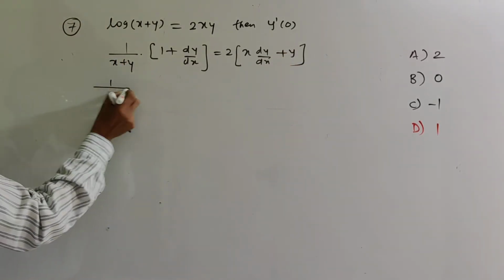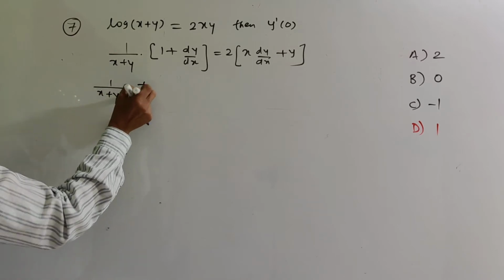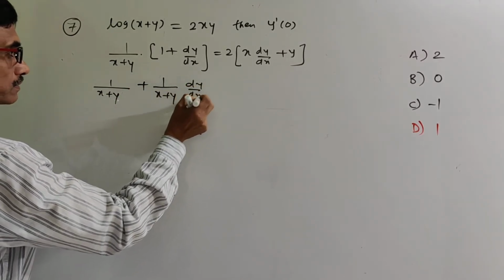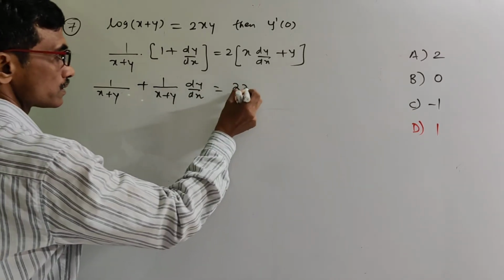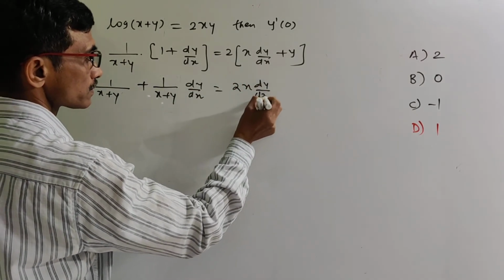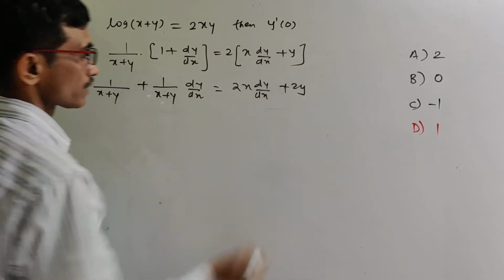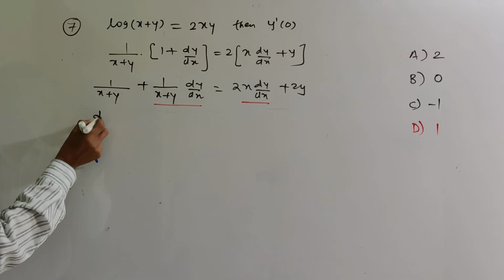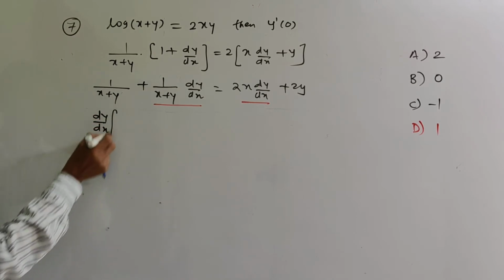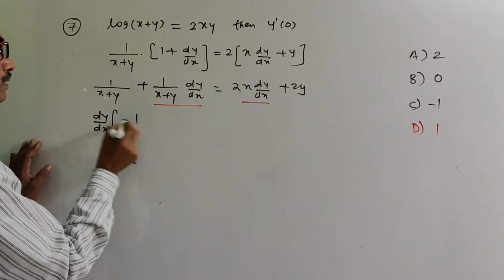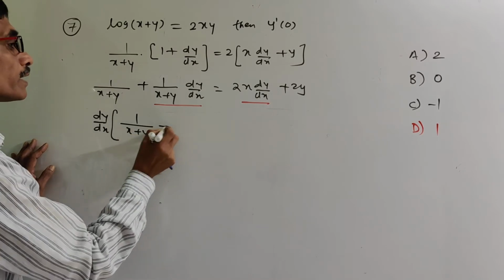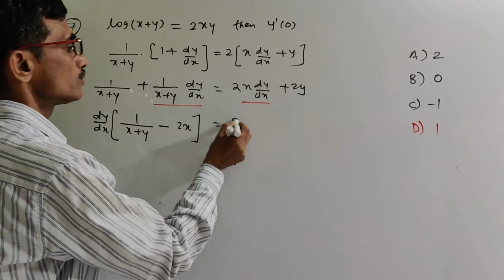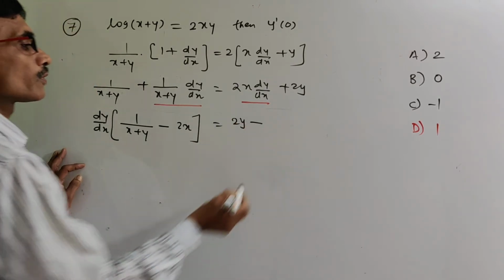So 1 upon x plus y plus 1 upon x plus y dy by dx is 2x dy by dx plus 2y. Collect dy by dx terms, so it is dy by dx into 1 upon x plus y minus 2x, and right hand side will be 2y minus 1 upon x plus y.